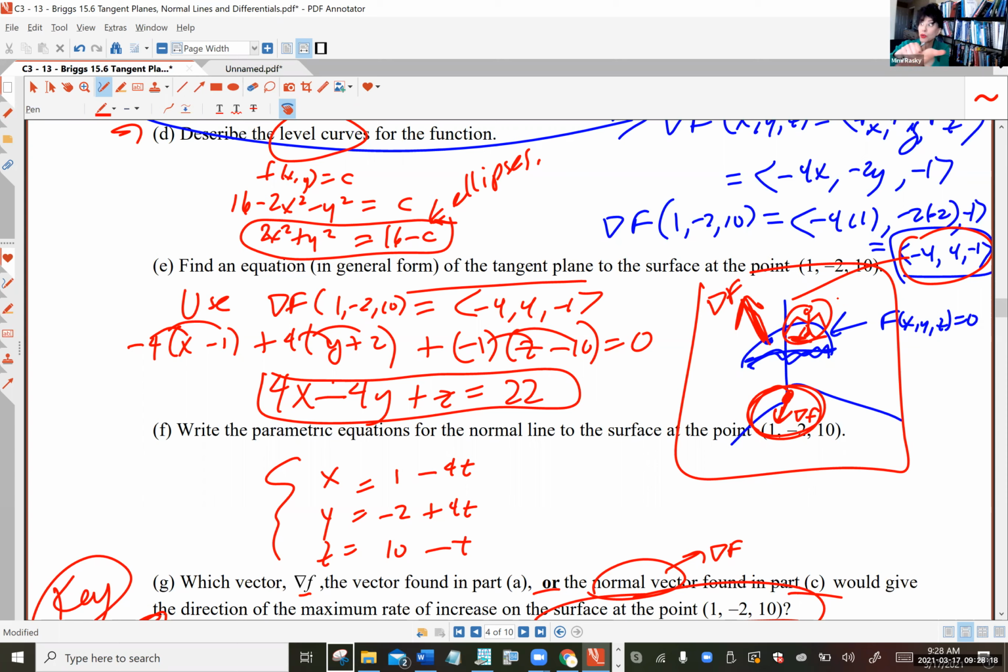It's pointing you in the direction of maximum slope of the surface. But again, the surface is 3D. This is what's so amazing: the two-dimensional little del f vector, the little gradient, points you in the direction of maximum slope like a compass, even though you're in 3D.